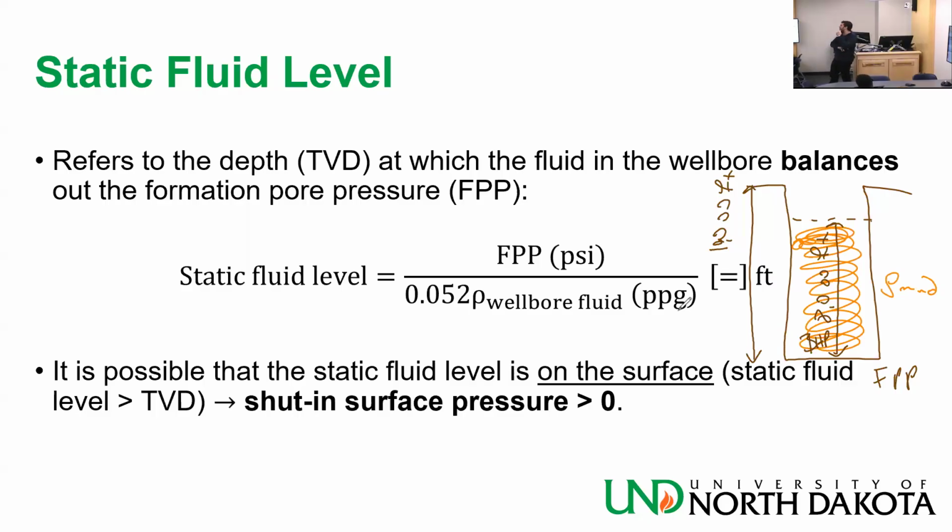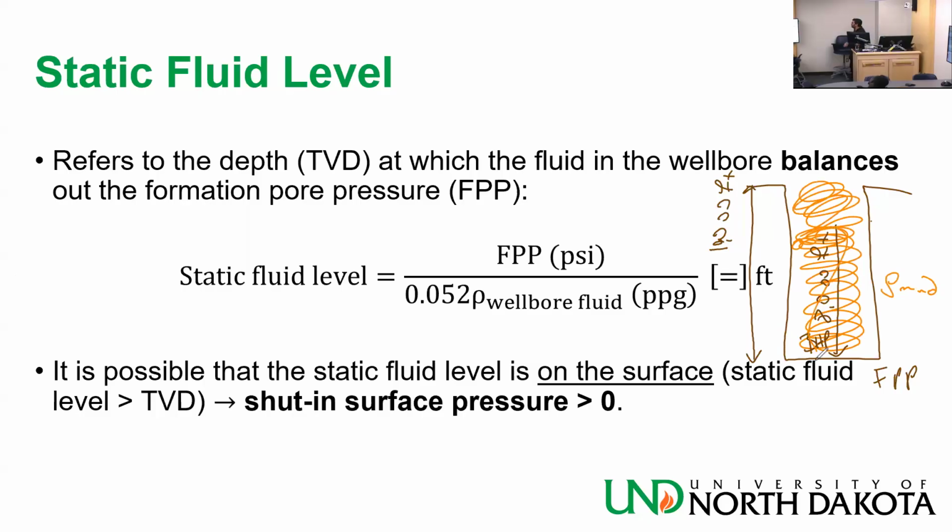What if it's bigger than 5,000? What if it's 6,000? Oh, sorry. What if it's 6,000 psi? I can have the whole well filled with fluid. It's not enough to satisfy the FPP, right? I can have the entire well filled with mud.